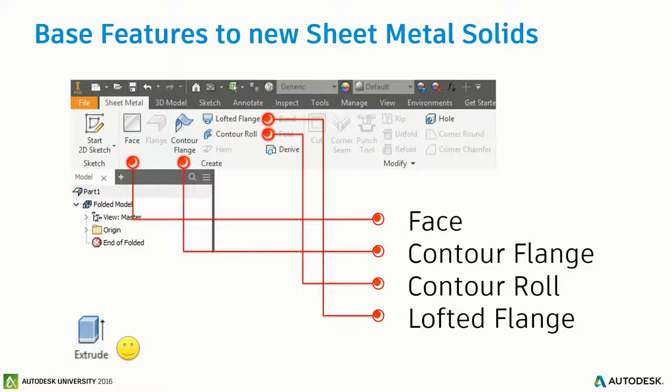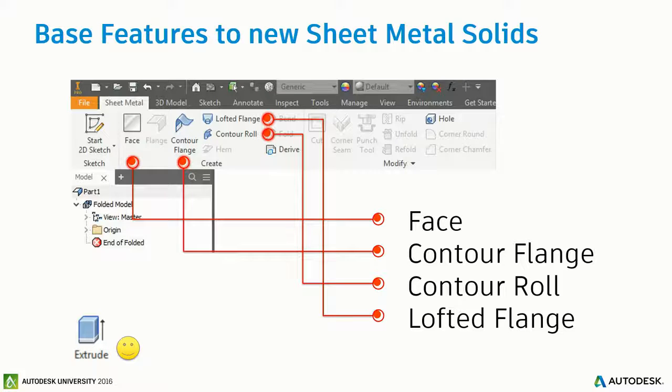There are 4 main tools in Inventor to create a sheet metal solid. I mention this because from 2016, we provide multiple body support. For these 4 features, there are options to say I want a new body, or I want to join with existing bodies.